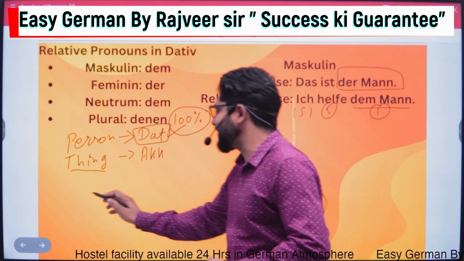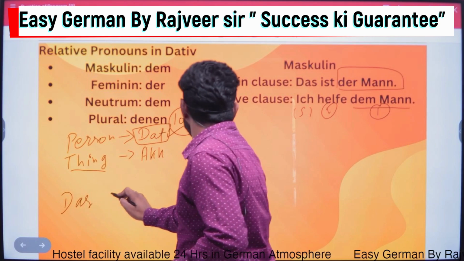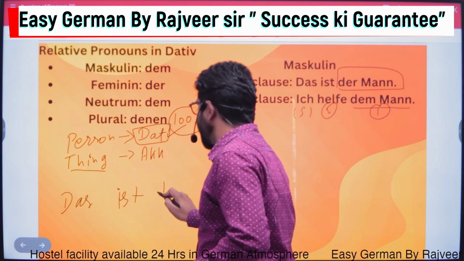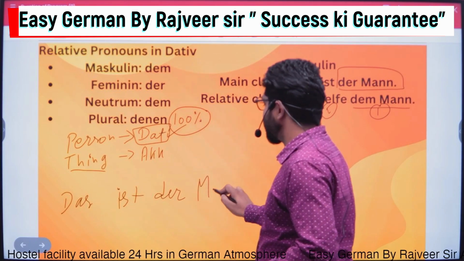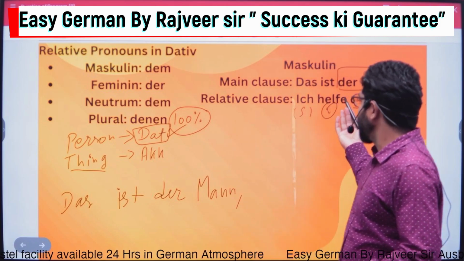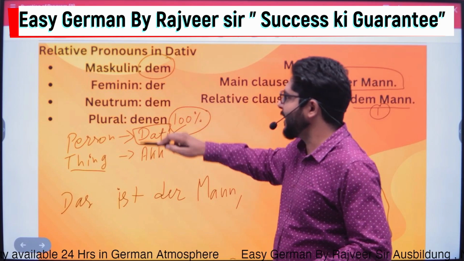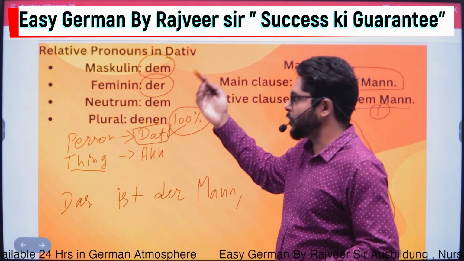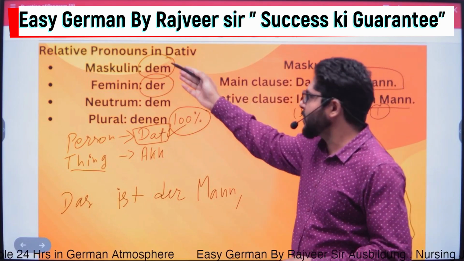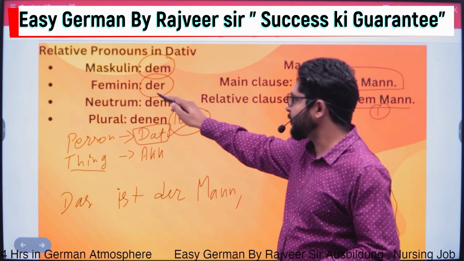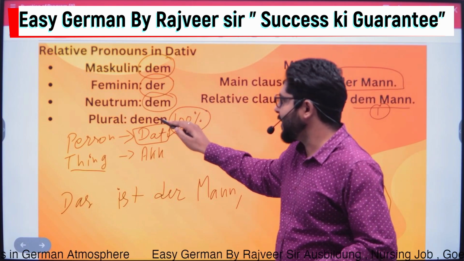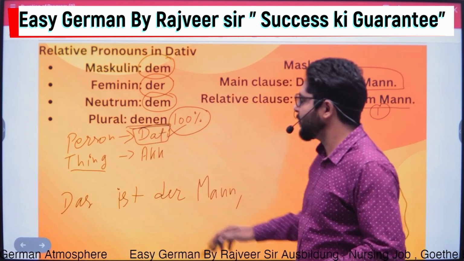Okay, so how will we make this sentence? Das ist der Mann. So this is the man. Der Mann is masculine, so you know that in the masculine it is dem. For the feminine it is der, for the neutral it is dem, and for the plural it is denen.